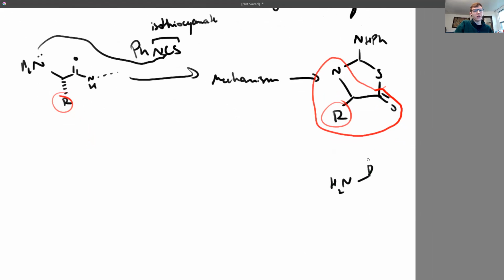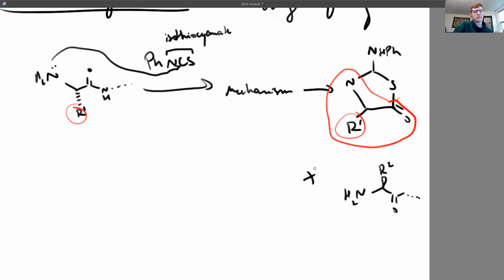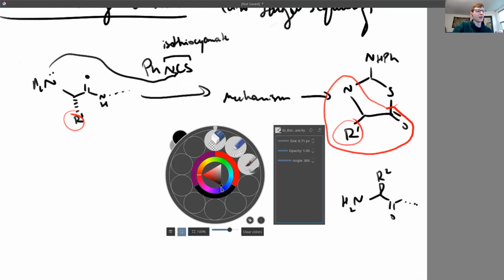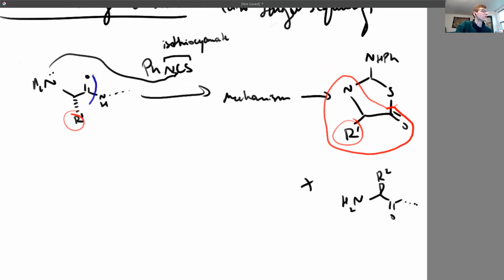We just pulled one off. So this was R1, then here we have R2, and we keep going. This whole thing is the backbone of the ending amino acid, and I can make that clearer. This whole structure is now this thing.